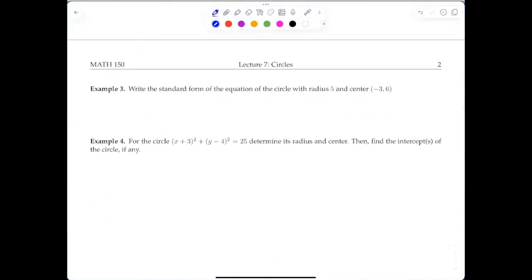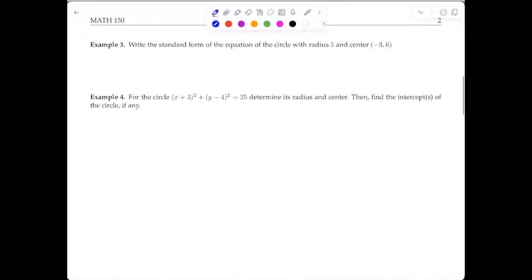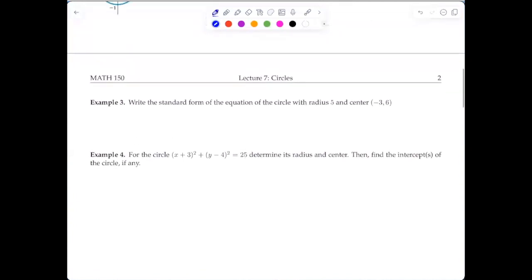So in example 3, you are given some information and you are asked to write the standard form of the equation of the circle. The radius is 5 and the center is negative 3, 6. So the standard form should be x minus h squared plus y minus k squared equal to r squared.